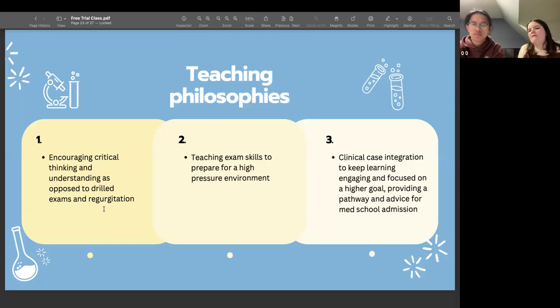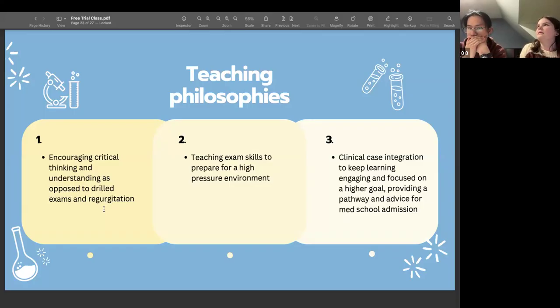And similarly, on that vein, we'll be providing advice from our experience and pathways into medicine to help you guys out with that. We also encourage thinking differently, taking time to use logic as opposed to just memorization, because memorizing can get you far, but it can only get you so far.